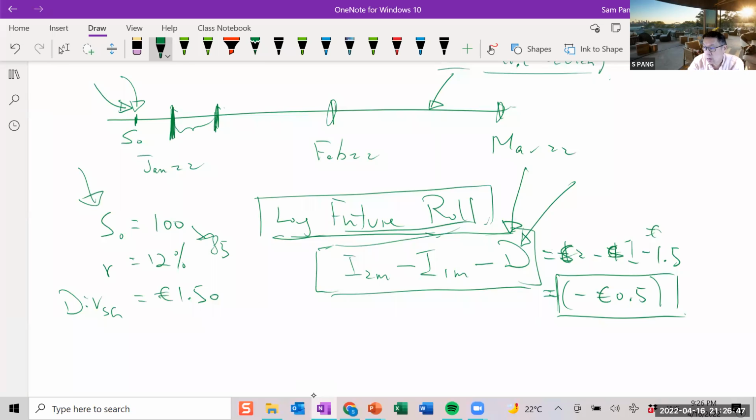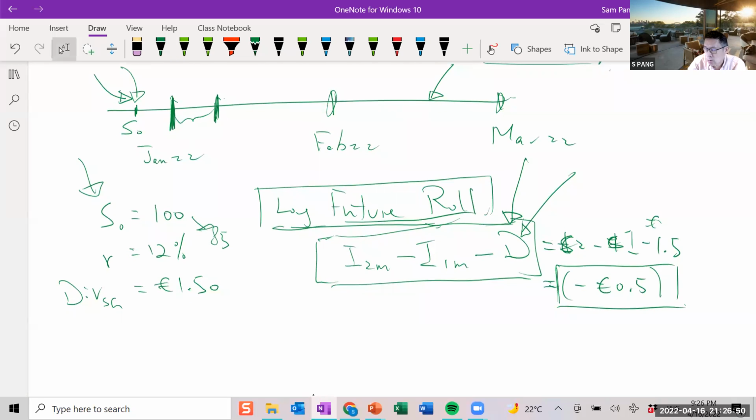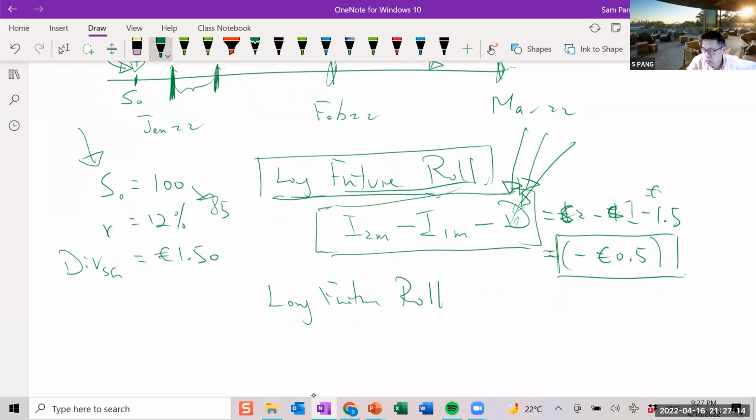And then some trader said, well, hold on a second. SocGen just made an announcement that they had a huge loss, which nearly brought down the bank. So there is no way they can actually pay a dividend. So this number should be 0. In other words, when you are long the futures roll, the price really should be just this, which is $2, minus this, which is $1.